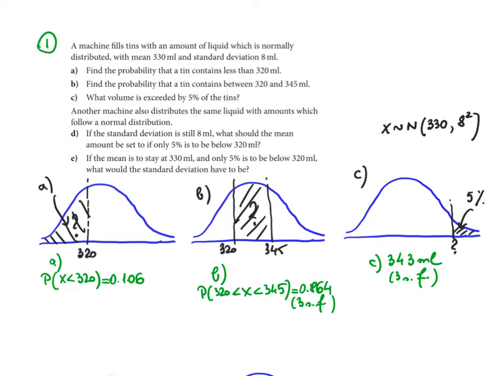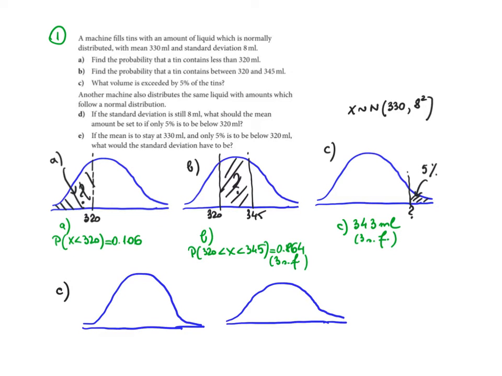Now, we did previously quite a bit of work on how to find probabilities, and that would be the answers. Please check them. In question C, we have X, which is normally distributed, and we do not know the mean, mu, but we know that the standard deviation is still 8.